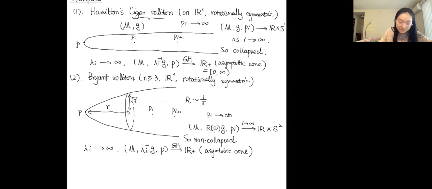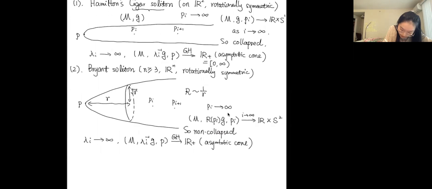Okay, and the next example is a class of examples called the flying wing.